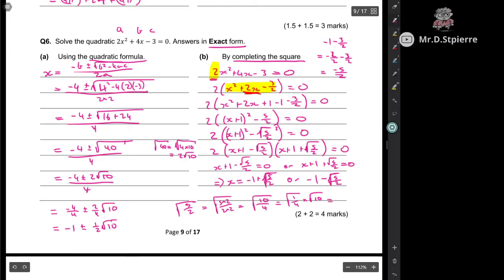The square root of 1/4 is just half, so we get half root 10. So the square root of 5 on 2 is exactly the same as half times the square root of 10. That's what we've just shown here. So we should get the same answer, which we have. They just appear in different forms. But that's the answer.